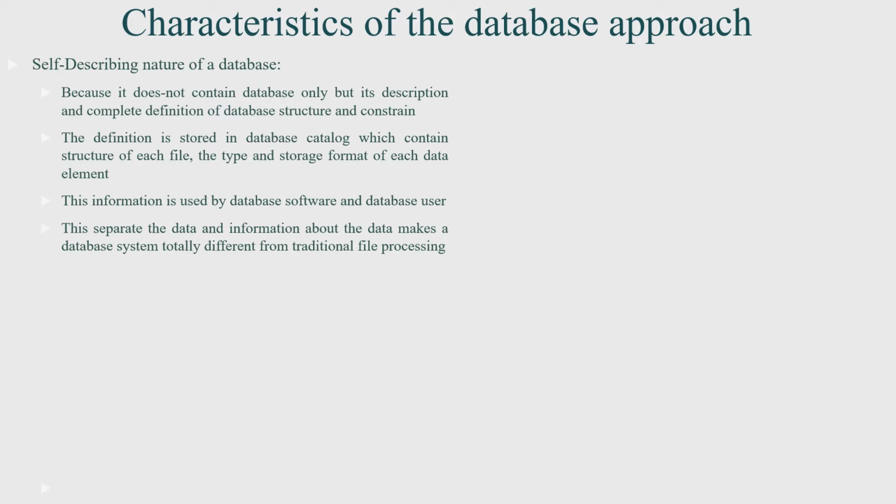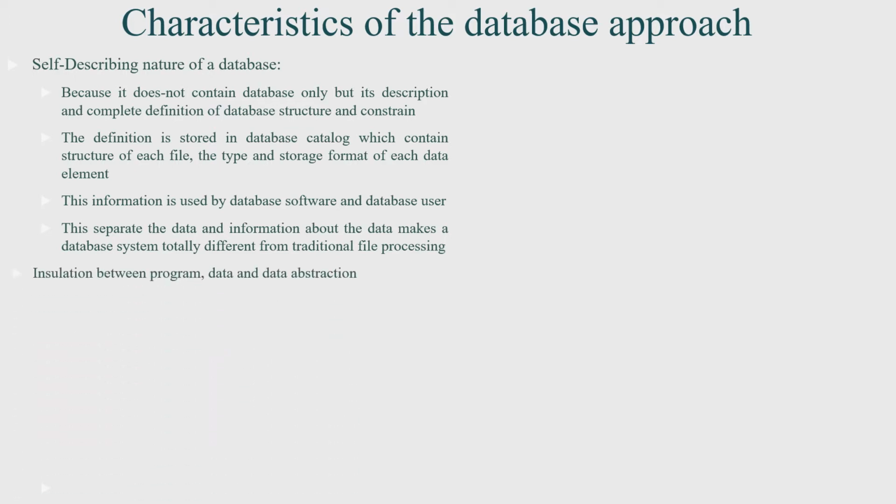As I explained with the example of simple goods items, this is the self-describing nature of your database. For everything it has its own specific names and its own specific path in your system.